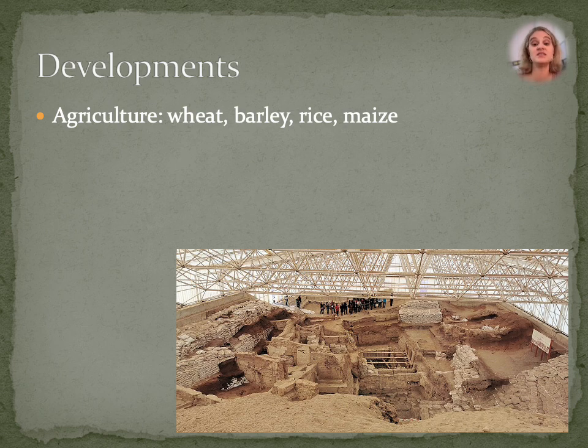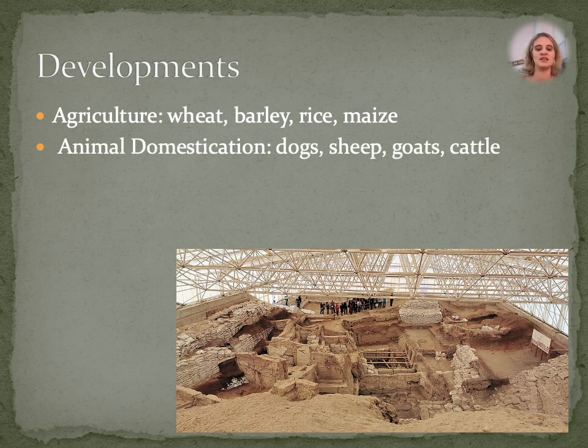Think about what cereal is made of: wheat, barley, rice, maize. Maize is corn, which only exists in the Americas. All over the world, people are starting to genetically breed new crops. They realize that if they crossbreed this crop with this crop, they get a bigger and better result, right? So we see new developments in agriculture.